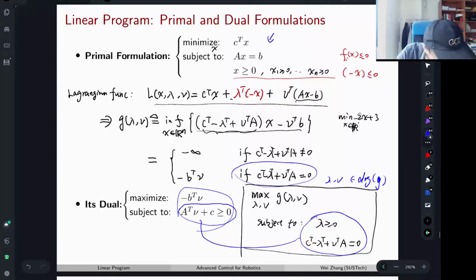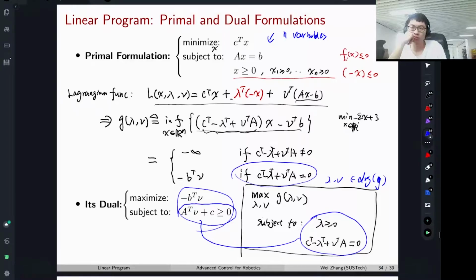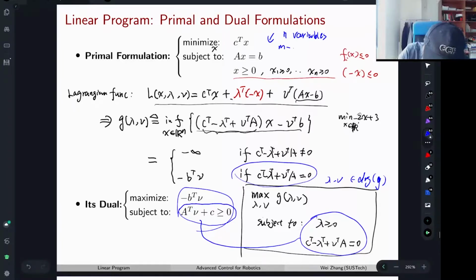For example, the primal problem has n variables, x belongs to R^n, with Q equality constraints and N inequality constraints. Those are my decision variables.